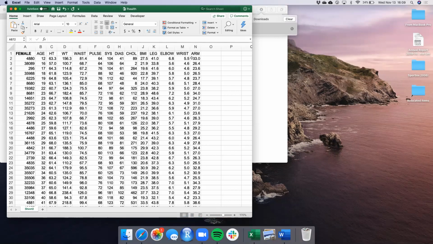If we want to know if there's a correlation between, and just for simplicity's sake, I'm just going to look at the wrist and the arm measurements. Wrist diameter, I guess, or circumference rather.